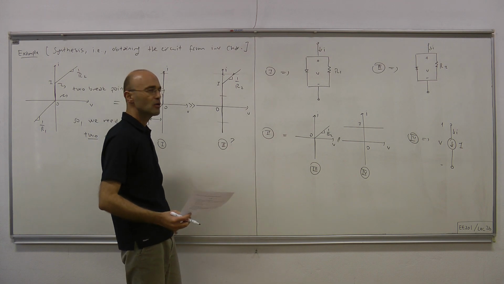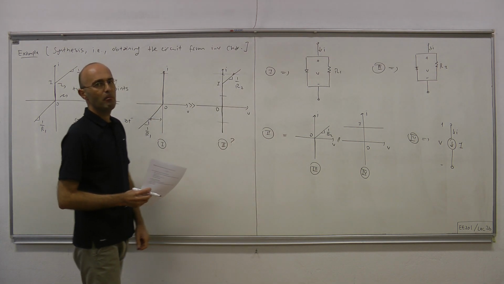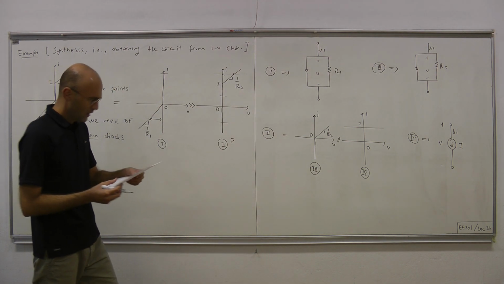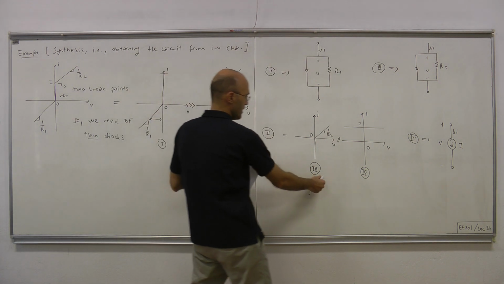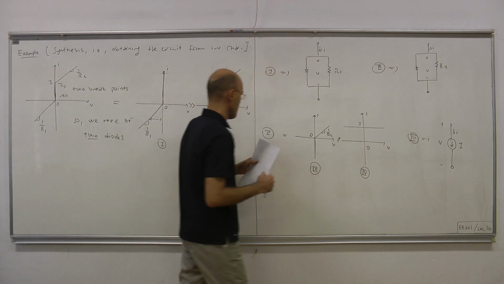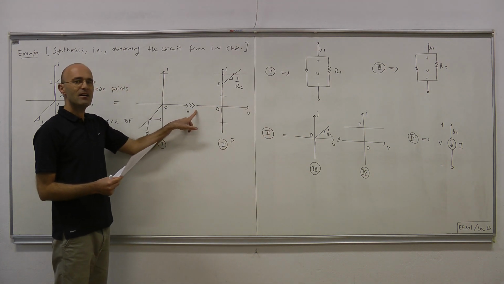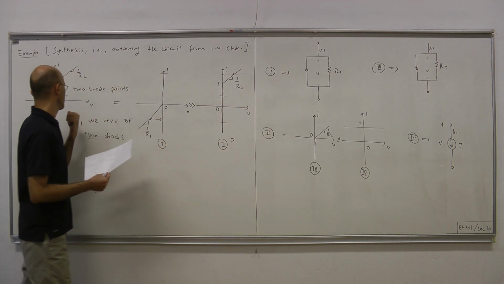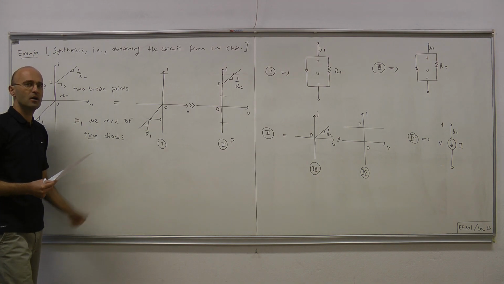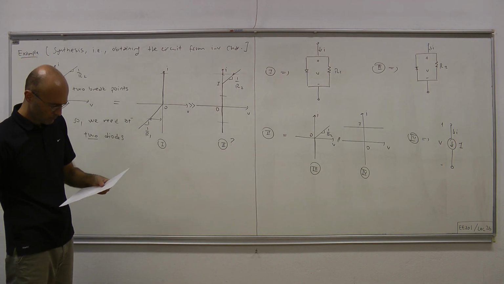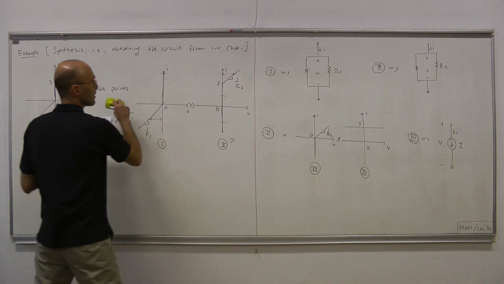What remains is just to combine the pieces bottom up. Okay. So let's first combine 3 and 4, obtain 2, and 1 is here, and finally we're going to add 1 and 2 in series to obtain the one port corresponding to this IV curve. Okay.